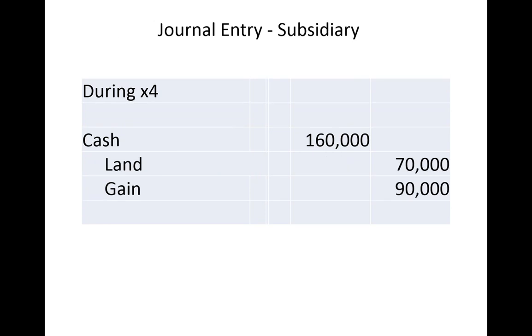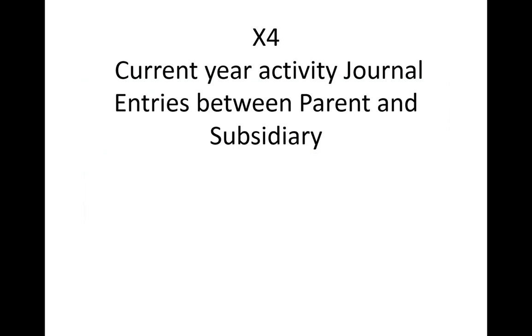The subsidiary will make the following entry to record the sale. So that leads us to what do we need to do in the 4th year? Because remember, we had some deferred gain, $45,000, that we can now recognize as an actual gain because that land has been sold to a third party.